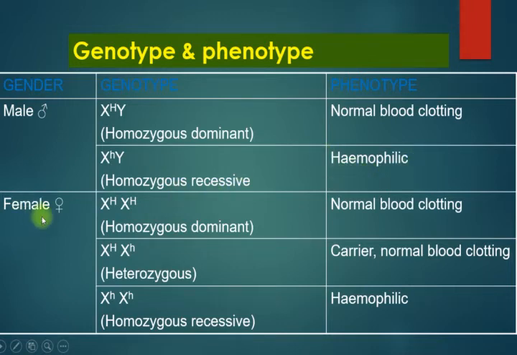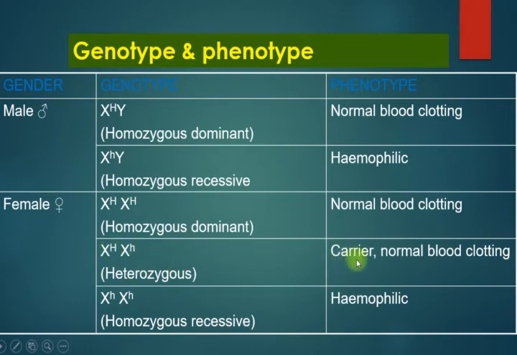For the female, if the genotype is X big H X big H, it is homozygous dominant, so the phenotype of the female is normal blood clotting. If the genotype is X big H X small h, which is heterozygous, this female is a carrier.